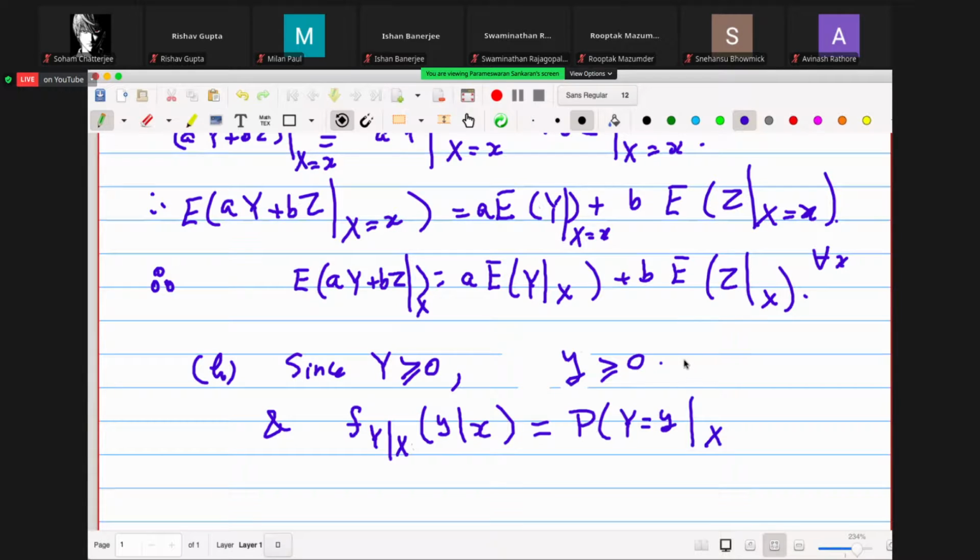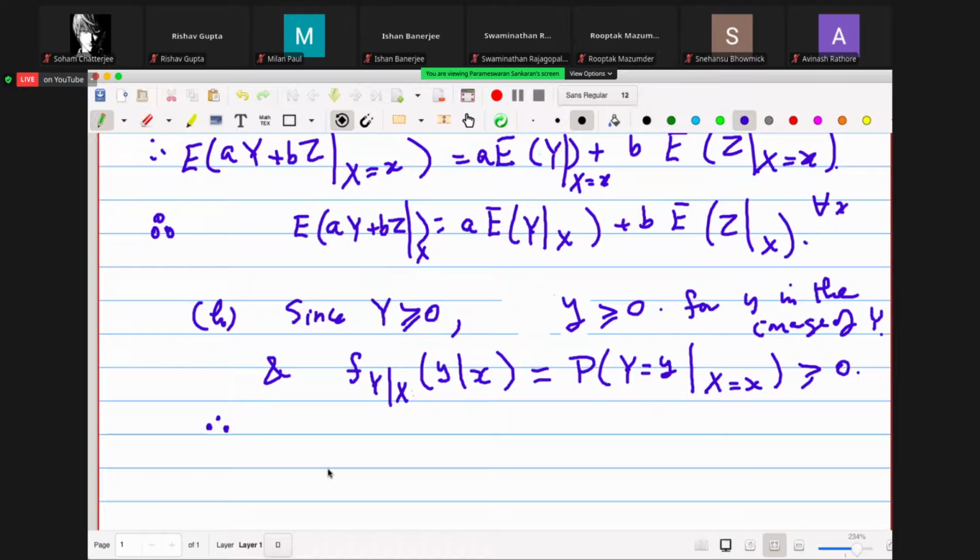Little y is bigger than or equal to 0 for all y in the image of y. And this is, of course, bigger than or equal to 0. Therefore, you just apply the definition. There's nothing to it. It's very simple.